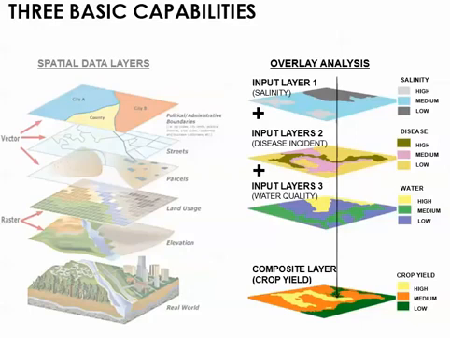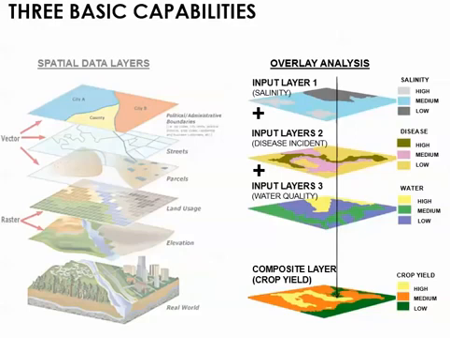So for instance, if we want to take all of our spatial data layers to conduct an overlay analysis to perhaps study a crop yield, you would overlay layers to create a composite layer. So for instance, this farmer wanted to find out where there would likely be low, medium, or high crop yield for his or her land.